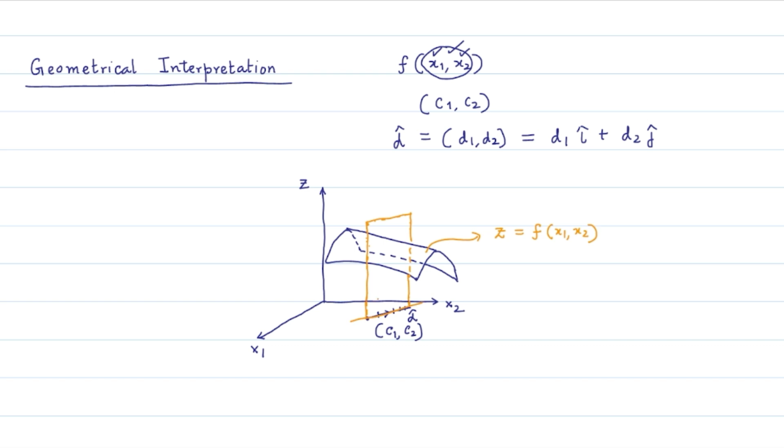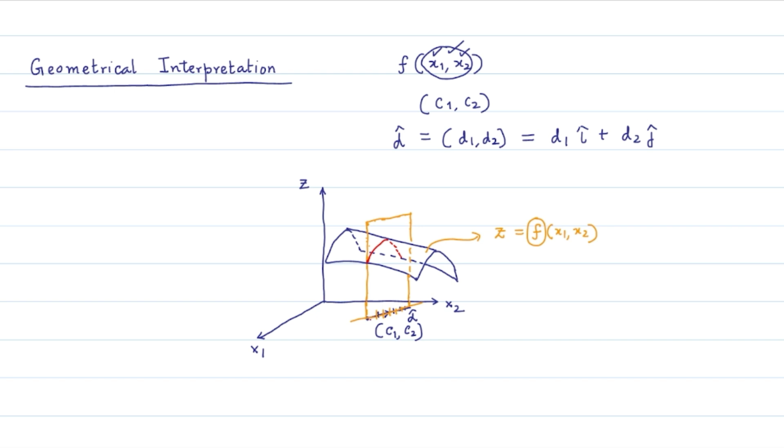Notice that the values of the function f at the points on this line are the values given by the intersection of this vertical plane and the surface z equals f(x1, x2). Let's suppose the intersecting curve of this vertical plane and the surface of the function f is this one.